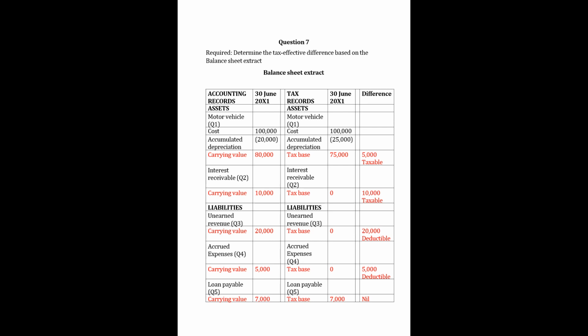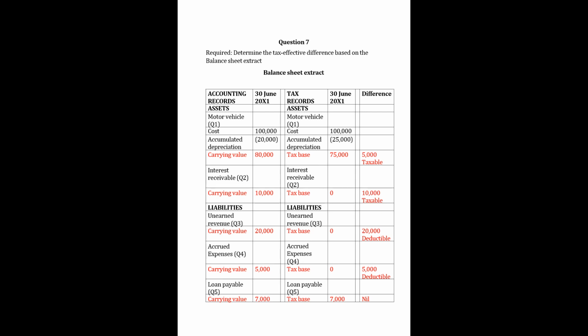Question 4 is accrued expenses. The carrying value is 5,000 and the tax base is 0. And here the carrying value is higher than the tax base. What it means is that in the future there would be cash outflow and that outflow becomes a deductible expense for tax purposes.